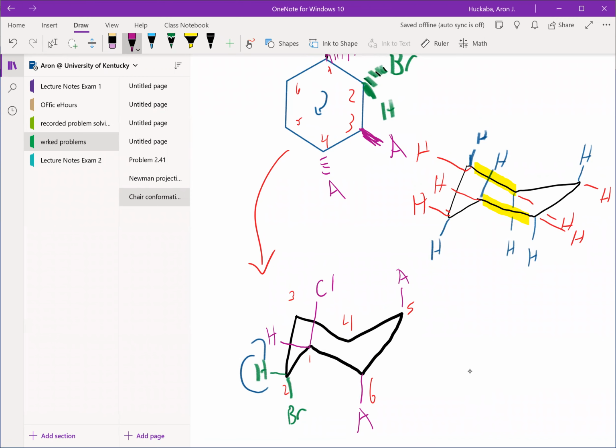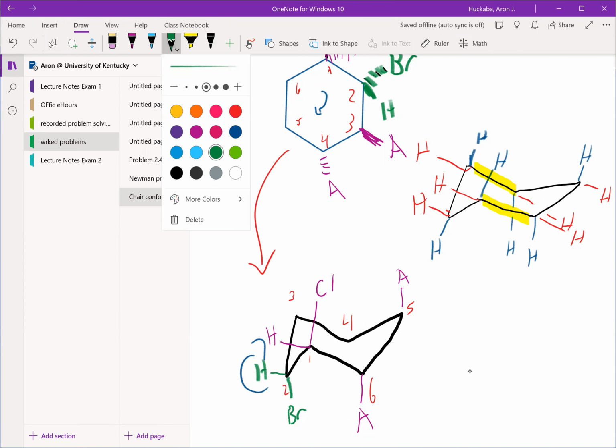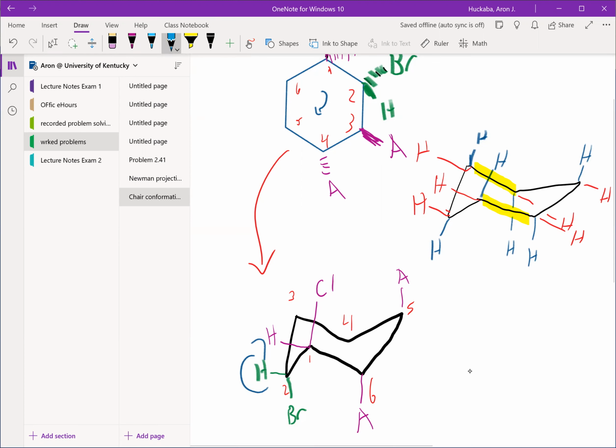Whereas the E's alternate the opposite way. If we were to draw the E's, let's do this in blue. The E's, again, are going parallel, equatorial positions. The E's will be alternating the other way.